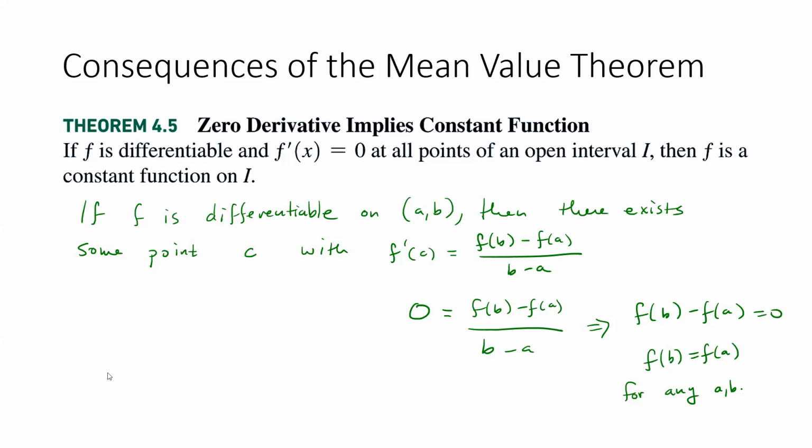So the conclusion is that f of a must equal f of b for any a, b in the interval I. So that means it's a constant function.